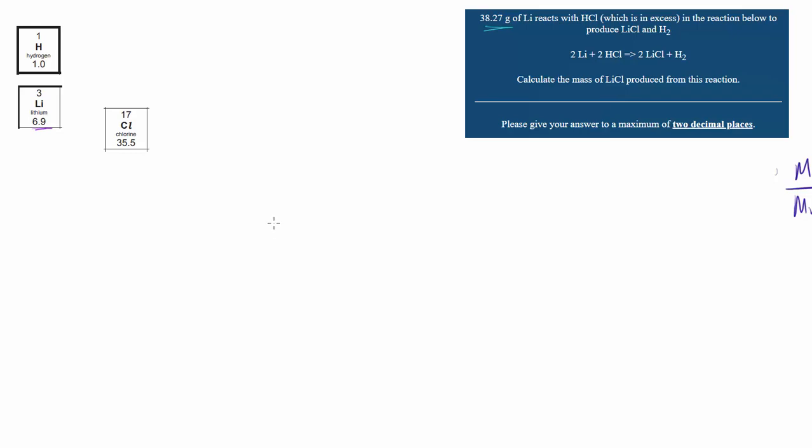It's elemental lithium, effectively in its metal form, so Mr of lithium is equal to 6.9. Quite straightforward, we don't have to calculate anything. It's just Li.